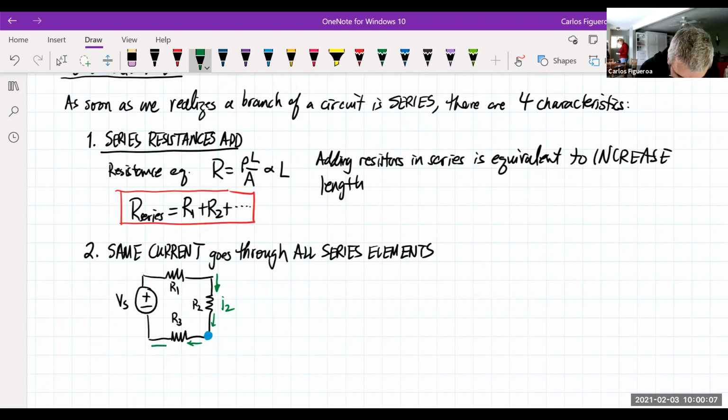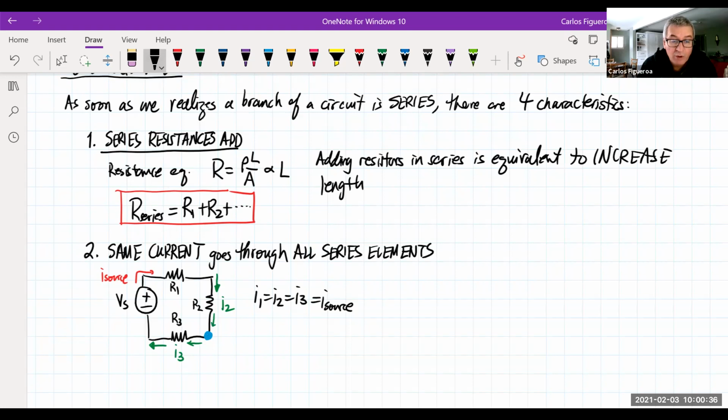Therefore, the current going through resistor 3 is I3. If I keep following this around, the current through each of these elements must be the same, and therefore the current of the source must be equal to this one. That's what I mean by this.